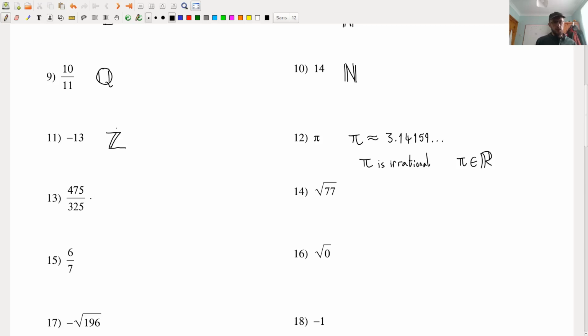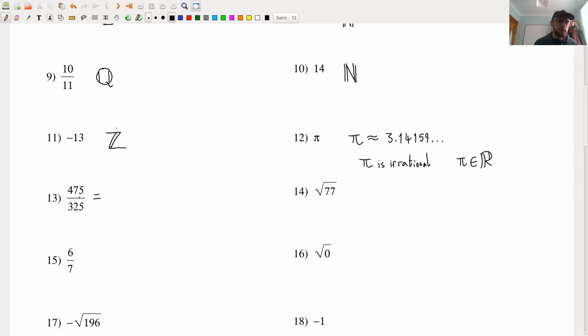Okay, 475 over 325. I better reduce this fraction because it looks like a bit of a trap. Okay, I'm going to divide them both by 5. And the trick to do that is to double them and then divide them by 10, because 2 over 10 is the same as 1 over 5.